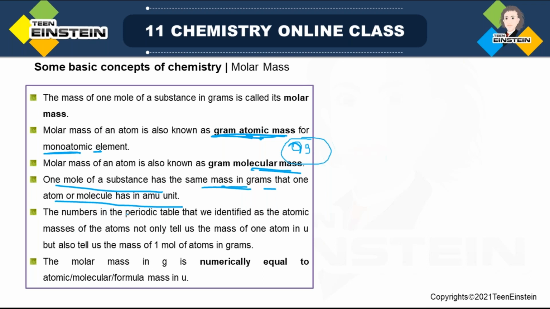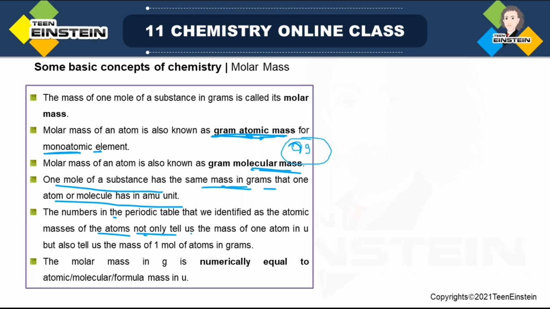The numbers in the periodic table that you see, we identified as the atomic masses of the atoms. If you look at the periodic table, some mass values are given. The numerical value is the same whether you use AMU unit or gram per mole unit.